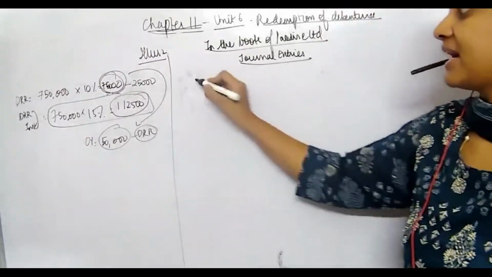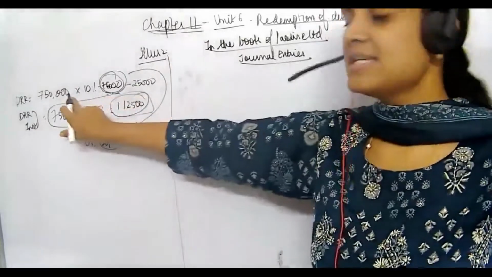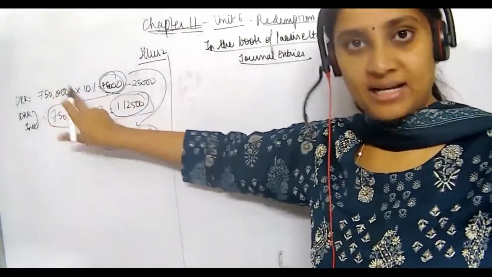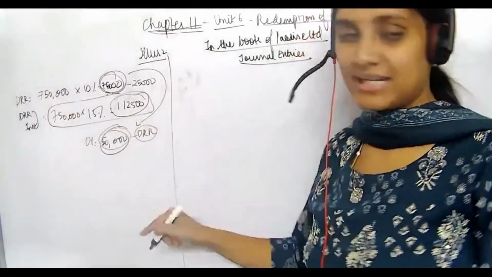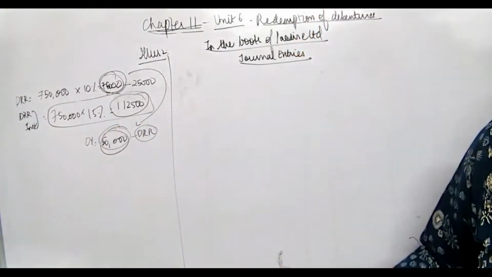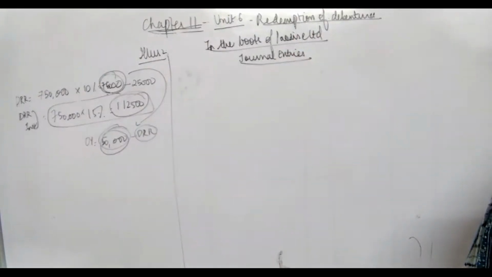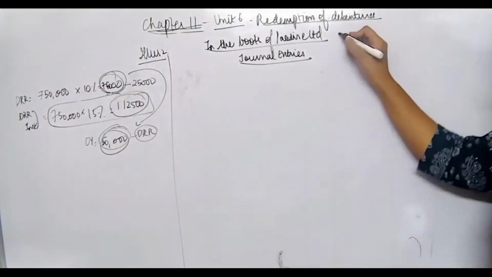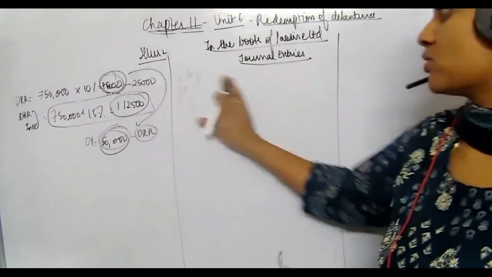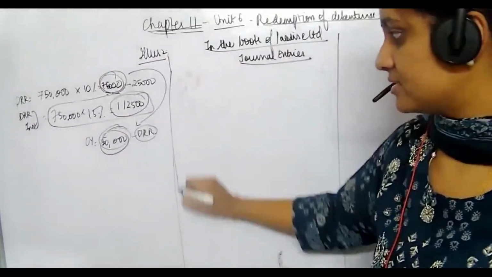So the first entry I will have to pass is for my DRR, correct? The debenture redemption reserve of 50,000 should be created now. From where will I create this particular 50,000? Here I will usually create it from the P&L account. Just a minute.